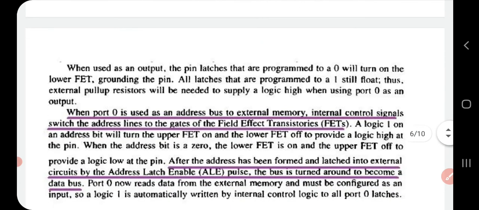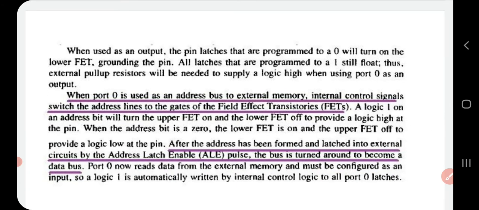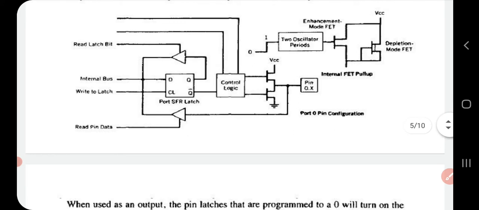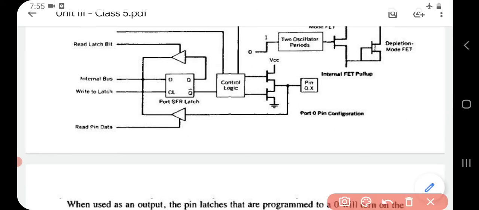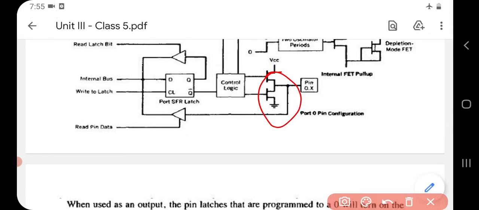When port 0 is used as an output, what happens? Just the reverse. The pin latches will be programmed to a 0, that is, a 0 will be written, and that will turn on the lower FET. Here you can see an FET, this one, and this is the FET.